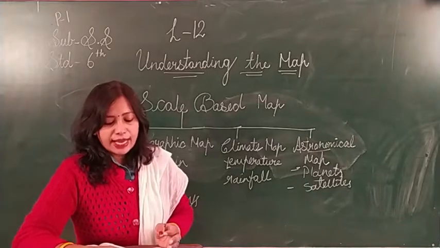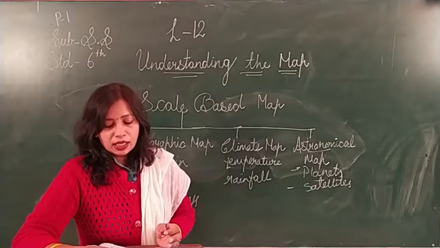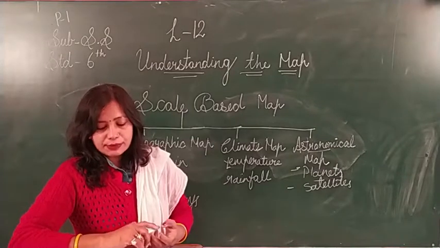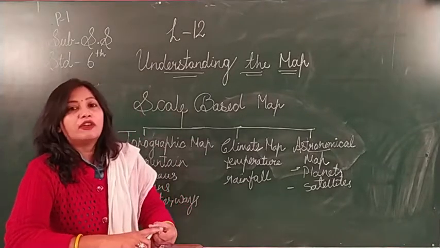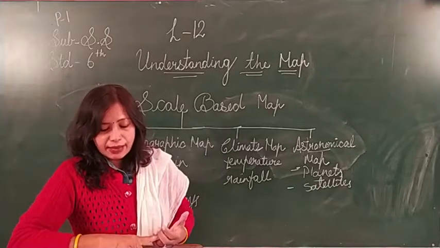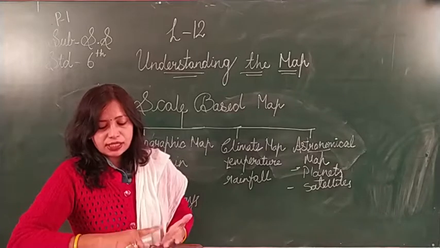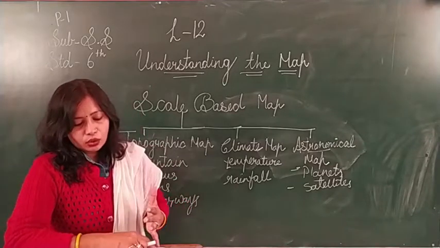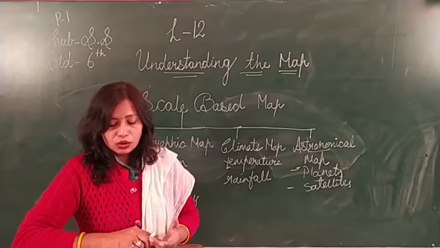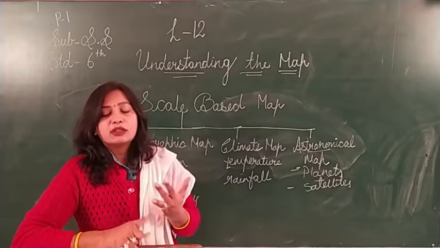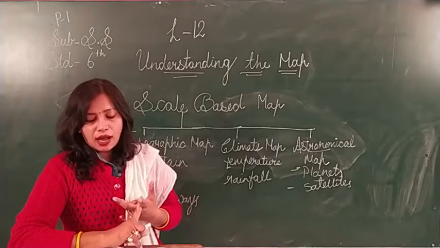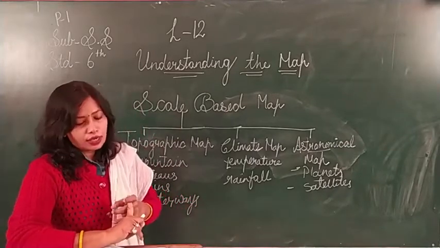This map outlines the various human activities. The map of states, farming, population, and transportation are examples of cultural map. So you have to remember that the cultural map shows the map of the states, and you will get the various human activities. So map of state, farming, population, transportation: these are all examples of cultural map.